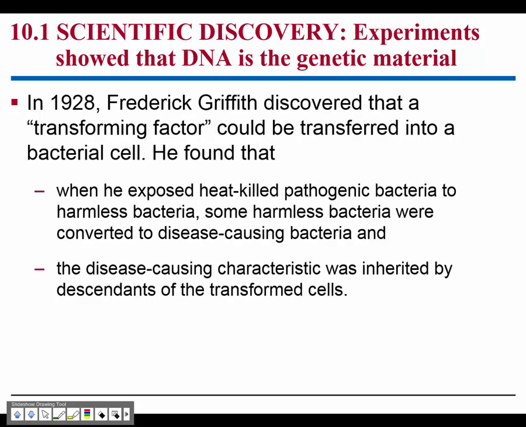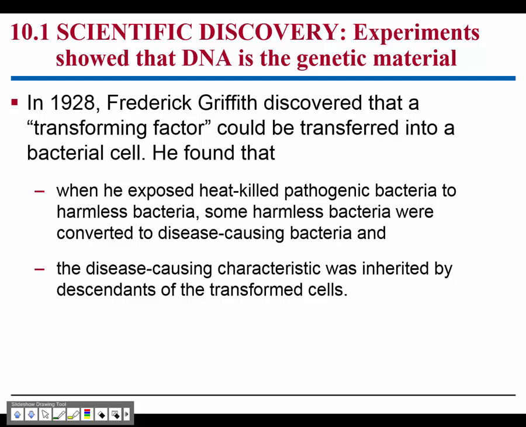In 1928, Frederick Griffith discovered that there's a transforming factor that you could transfer into a bacterial cell. When he took a pathogen that had been heated up and killed, and exposed it to harmless bacteria, some of the harmless bacteria were converted to disease-causing bacteria.